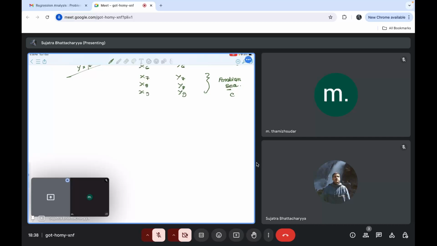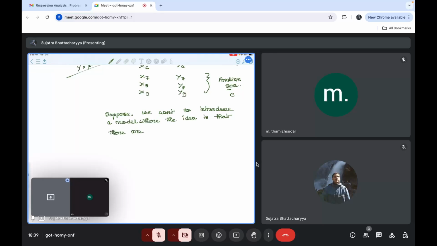So let me first write and give the introduction of this. Okay, so suppose we want to introduce a model where the idea is that there are two sets of data.